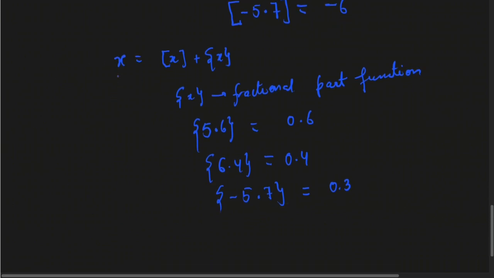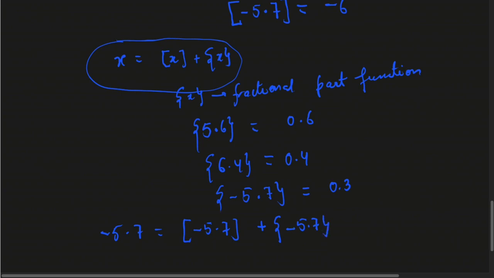You can see this relation. Any number can be written in the form of its greatest integer and fractional part. So let us use this relation: x equals the sum of its greatest integer plus its fractional part. So negative 5.7 can be written as the greatest integer of negative 5.7 plus the fractional part of negative 5.7.